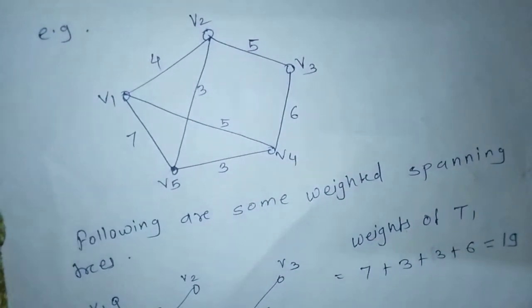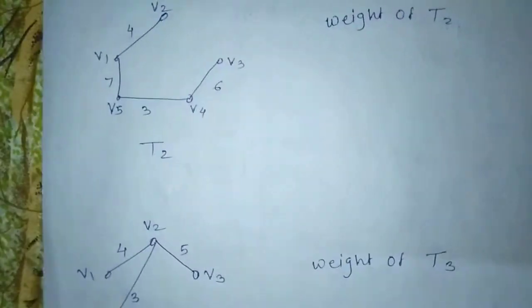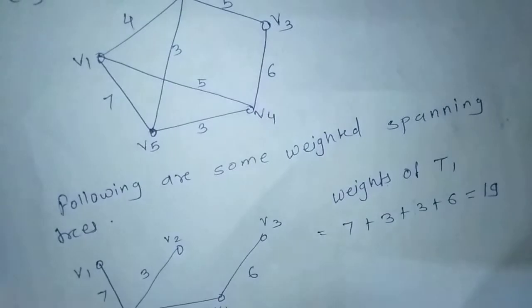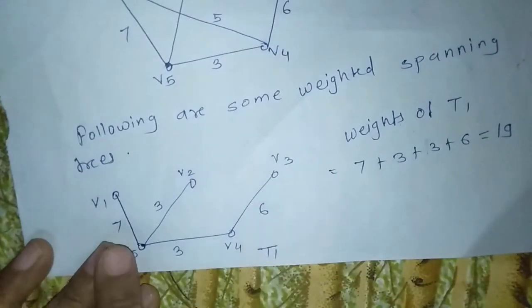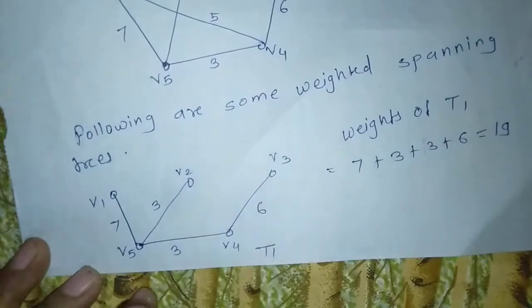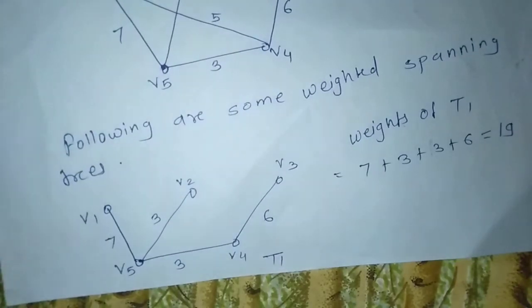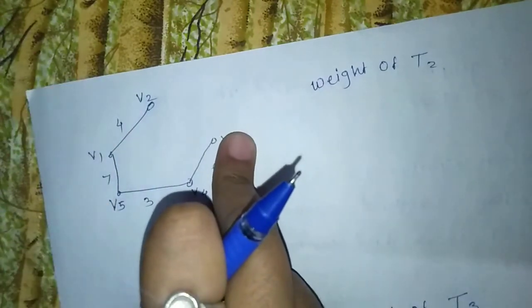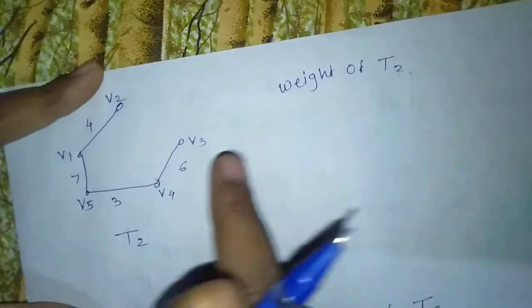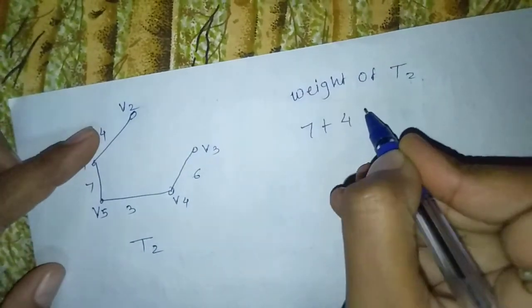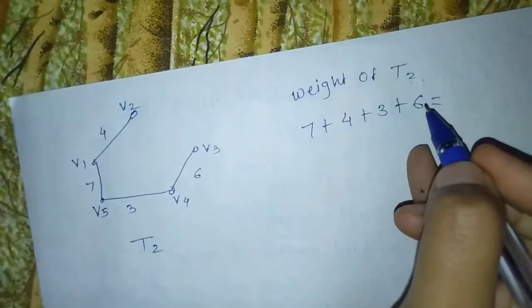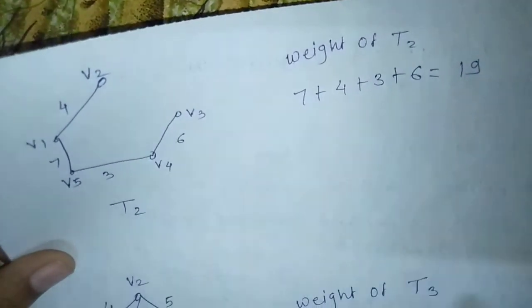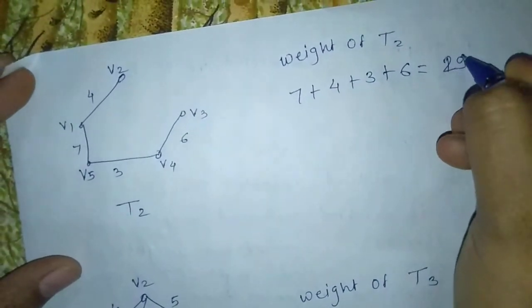Now the following are some weighted spanning trees. Here I have already drawn the spanning trees of that graph G. The first spanning tree is T1, and the weights of its branches are 7, 3, 3, 6. So the weight of T1 is 7 plus 3 plus 3 plus 6, which is equal to 19. The second spanning tree is like this. The weight of T2 is 7 plus 4 plus 3 plus 6, which is equal to 20.